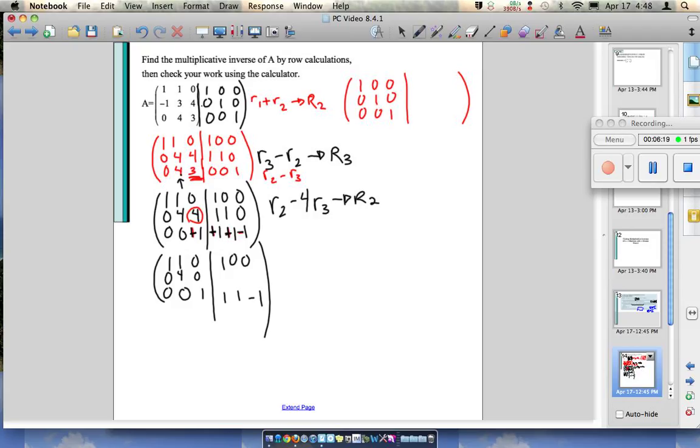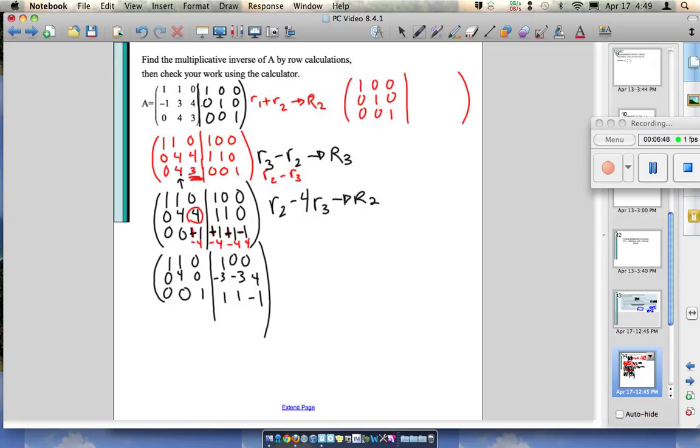It's going to give me a 0. So I'm doing 4 times this, really a -4, because I'm subtracting. That's where I get my 0. I get -3, -3, and I'm going to get 4. Okay, so there's my result.